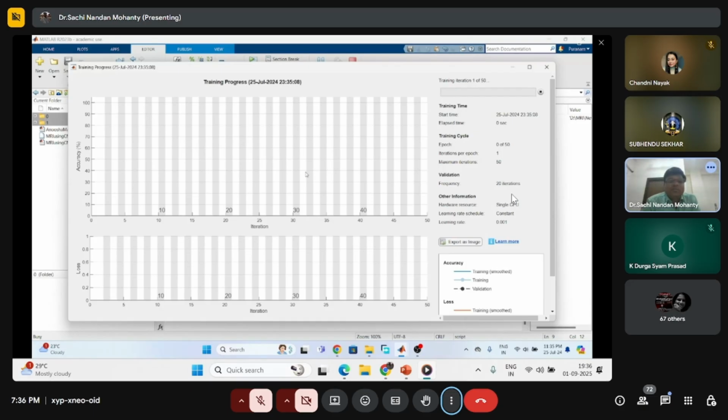This is the training process, and here you can see the iterations. I have taken a small number of iterations, 50, so that this process completes very soon, as it is a demo to show how to execute. See the training, it has reached up to 100. It is training well.